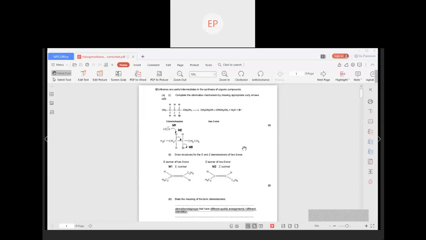You have done this before, right, Winston? So what is the problem if we repeat halogenoalkanes again? Just the reactions, like the mechanism and the reaction stuff.